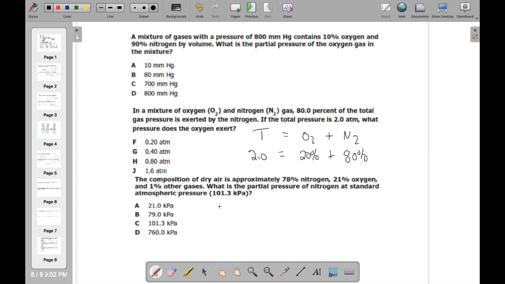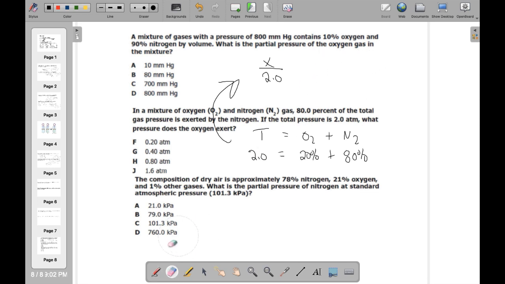Yet again, I just do the same thing. My equation is going to be, I'll just put it up here, 2 atmospheres, 20%. So essentially, yet again, divide the 20 by 100.